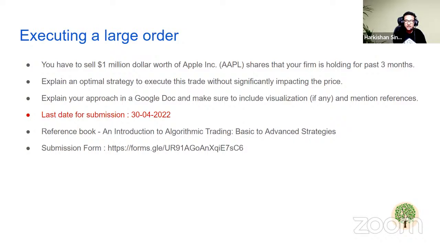The time might not matter in that case. What I want is that it should not significantly impact the price. Yeah, time will matter, but time is secondary. First comes price, then comes time. All right, so price has a higher priority then. Okay, thank you.